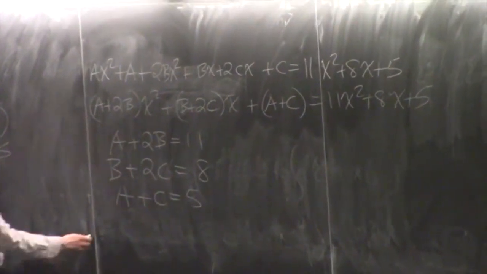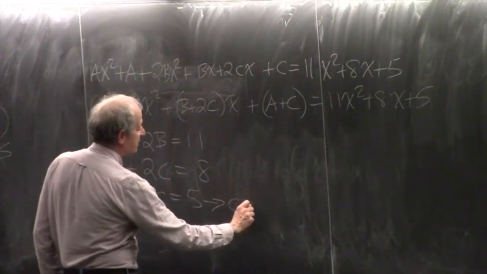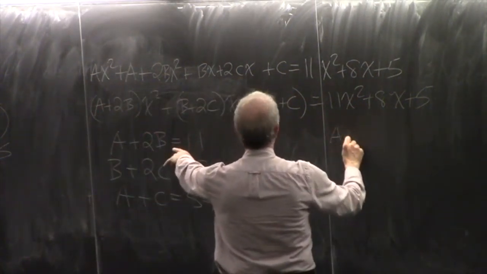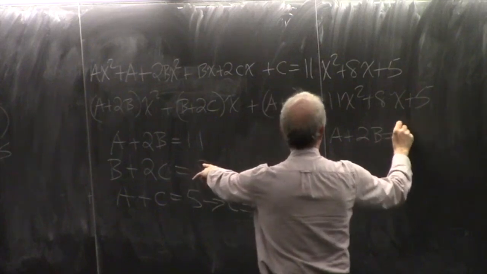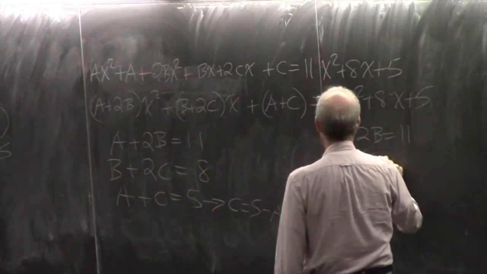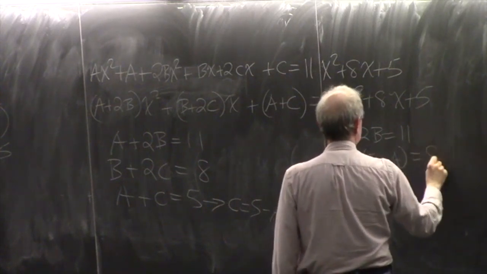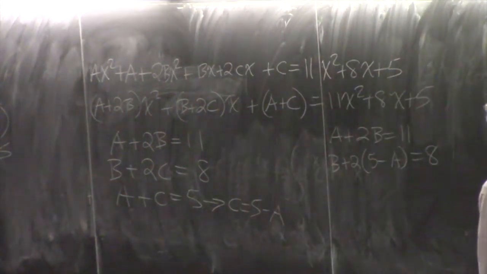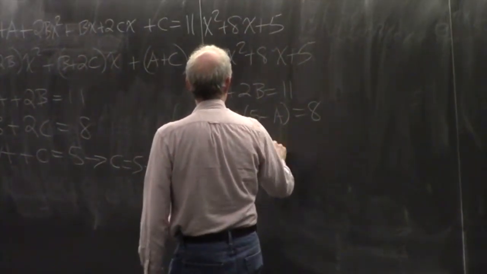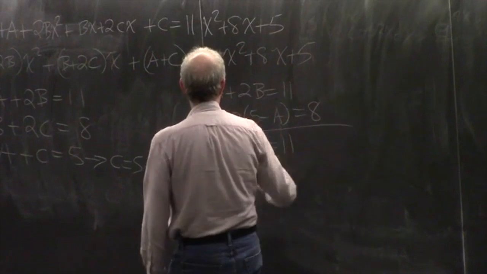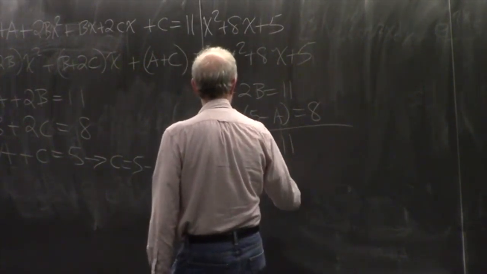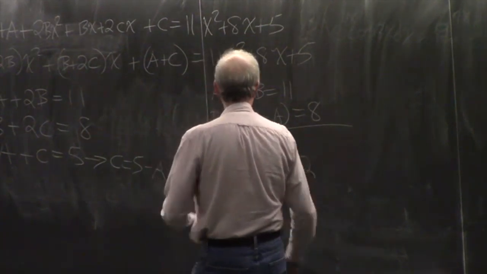For example, here you could say C is 5 minus A. And now you would have A plus 2B equals 11, and B plus 2 times 5 minus A equals 8. So that's A plus 2B equals 11, and B minus 2A equals negative 2, skipping a step.